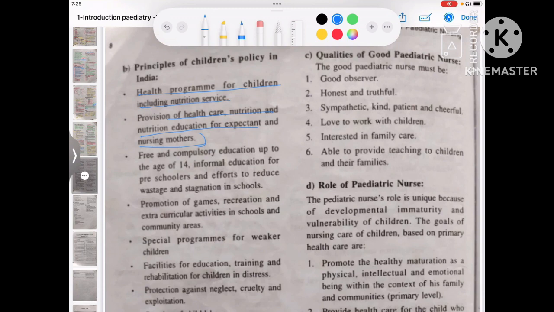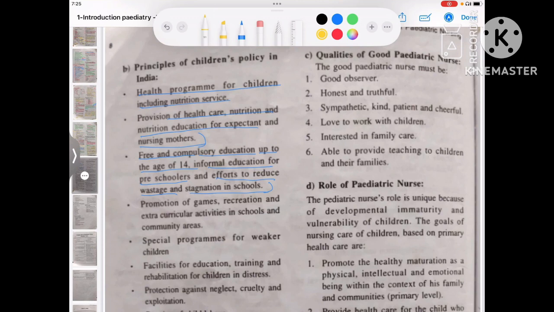Next one is free and compulsory education up to the age of 14, and informal education for preschoolers, and efforts to reduce the wastage and stagnation in school. So here, in the children's policy in India, we give free and compulsory education up to the age of 14, up to adolescence.